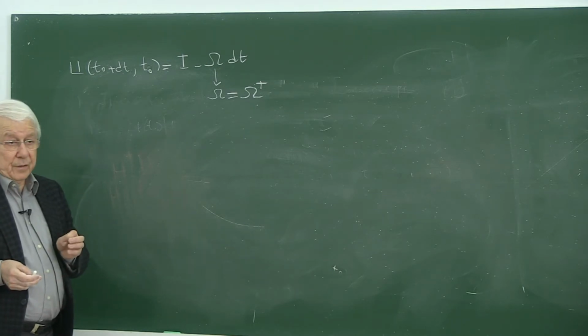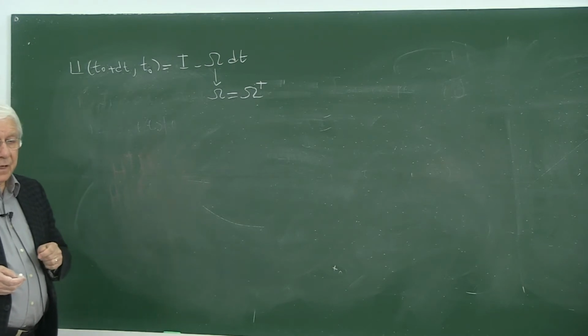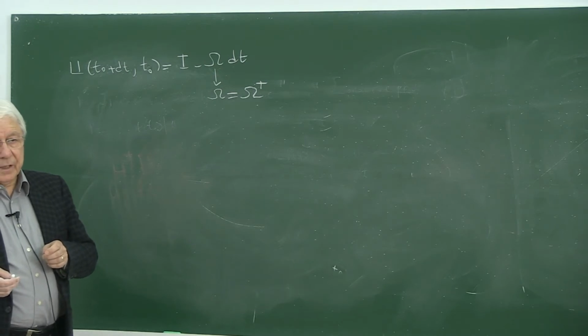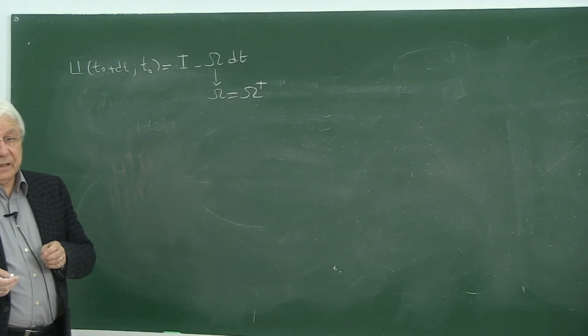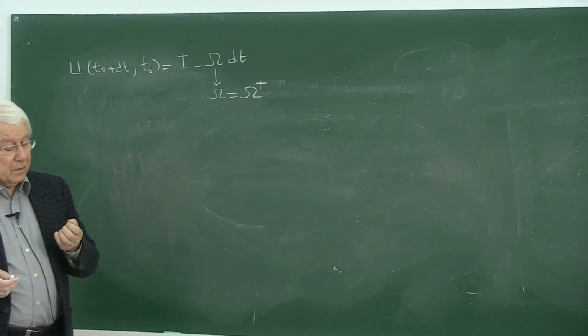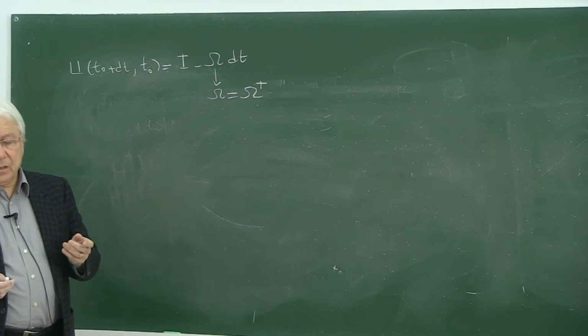We can proceed in two ways. Either first we try to identify the omega physically and then proceed to construct the finite form from this infinitesimal form, or vice versa.